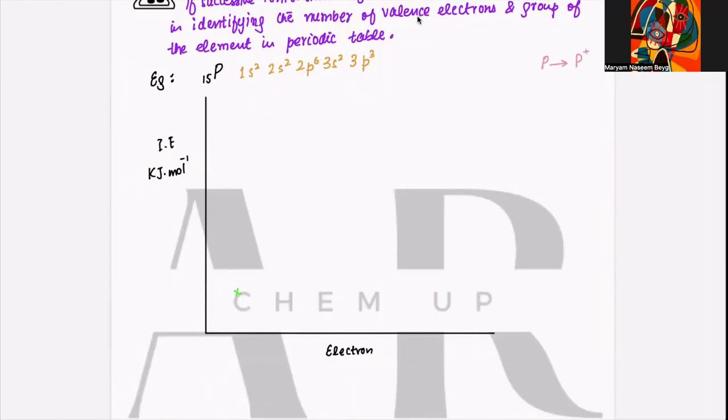Now, if I provide further energy to this phosphorus, it can lose the second electron. But obviously, for that I need more energy because now I'm providing the energy to a species which already has a positive charge. So it means it is holding the rest of the electrons with more attraction as compared to this one, right?